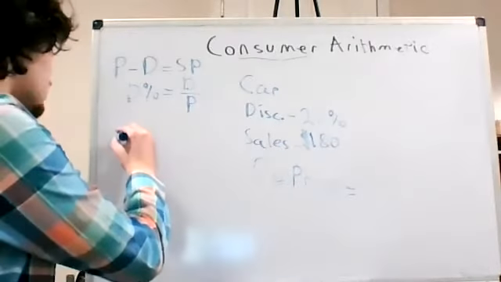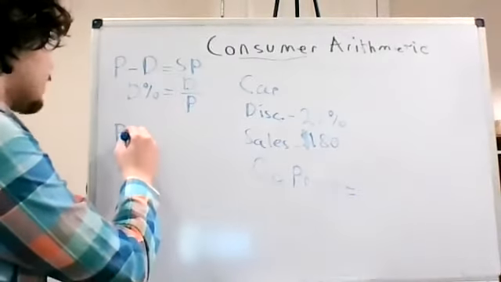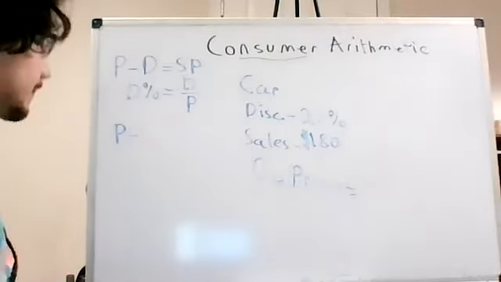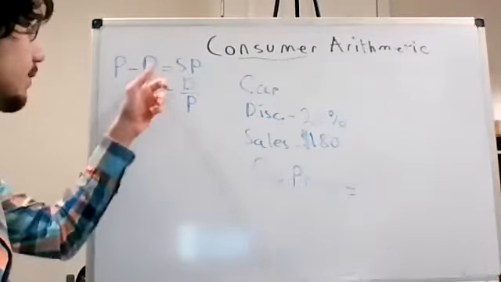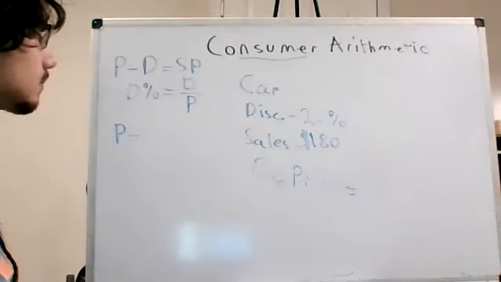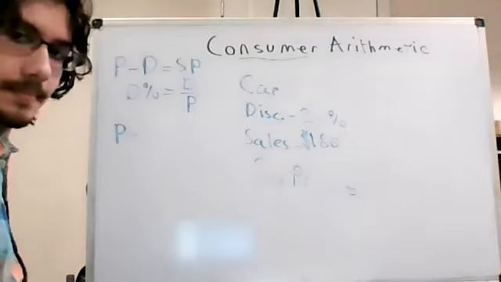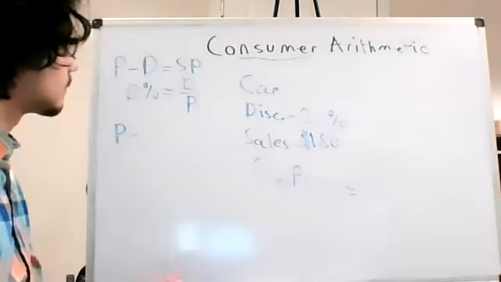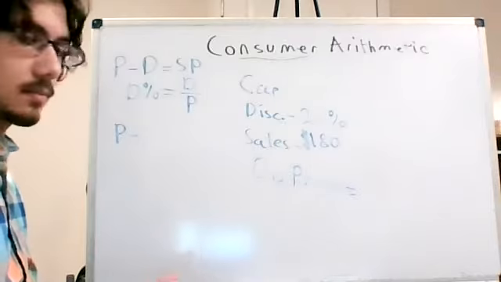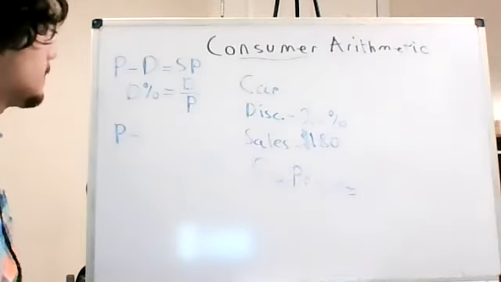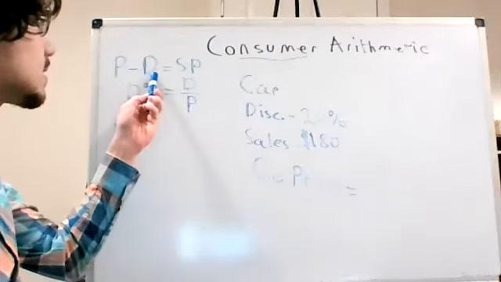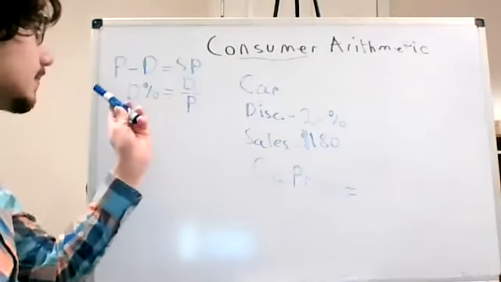So we don't know what the original price was. What do we put here for D? The sales price. Is D the sales price?